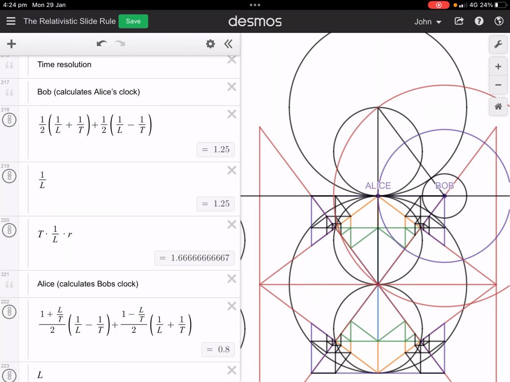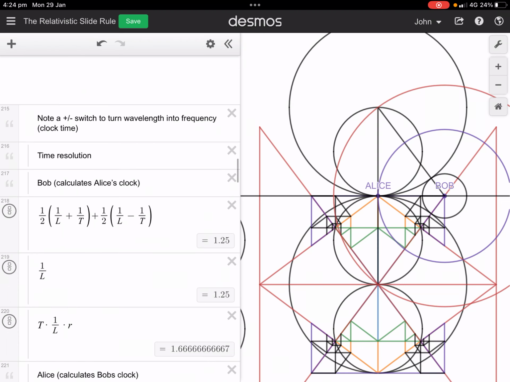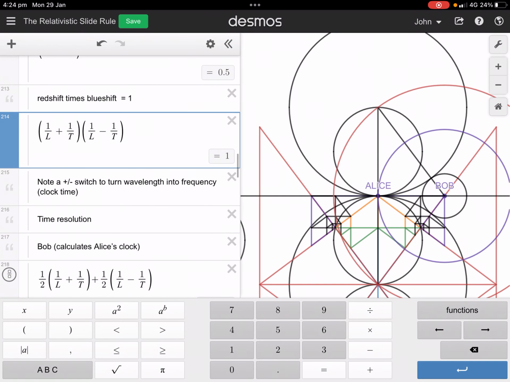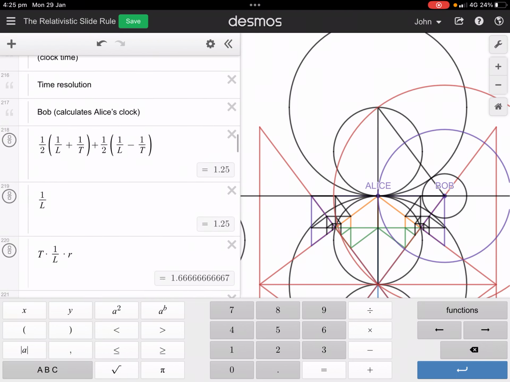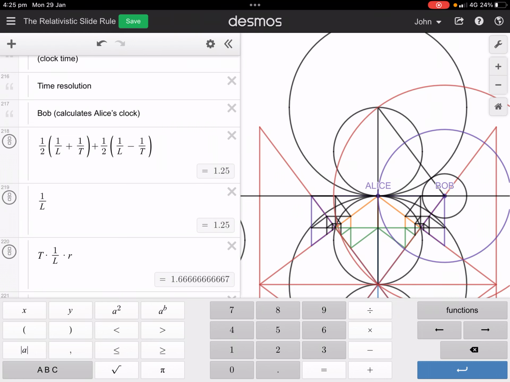So he takes his time, which is t, multiplies it by gamma, it turns out, and comes up with Alice's time. So for half the time he's getting redshift, and for half the time he's getting blue shift. And because of this fact here, if I'm interested in the frequency, not the wavelength, I simply change the sign from plus to negative, and then I get the frequency instead of the wavelength. So that's why the signs are back to front.